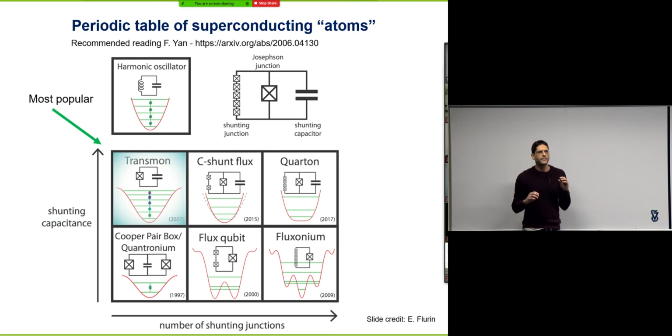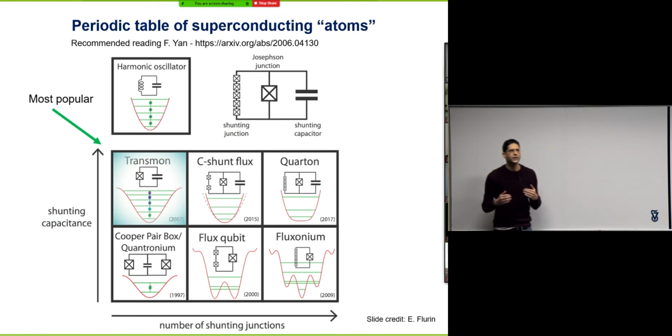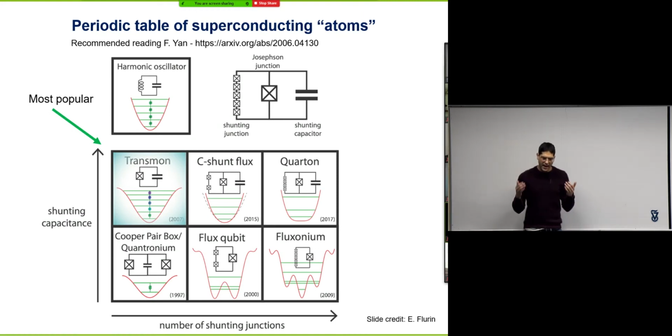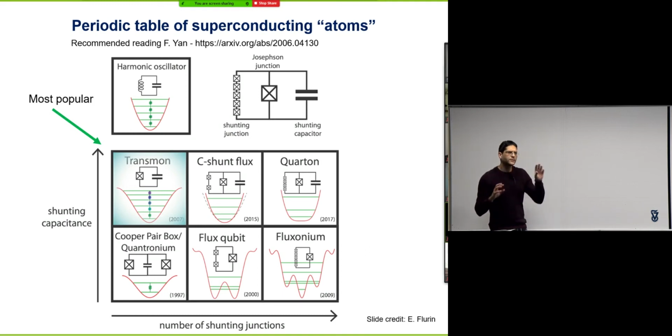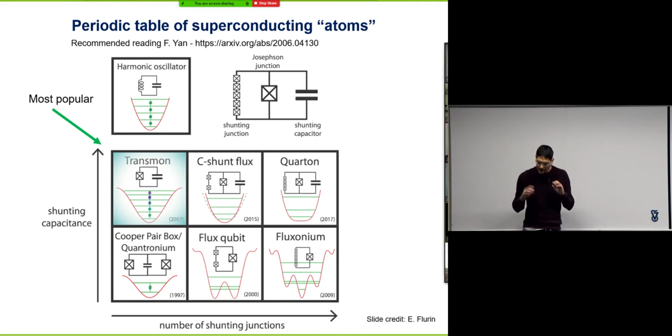So you want to think about the capacitor as just the self-capacitance of the junction itself. It's a sandwich of superconductor, insulator, superconductor, and you can ignore this second Josephson junction. You completely ignore it. So in terms of topology, both the transmon and the Cooper pair box are Josephson junctions shunted by a capacitor.